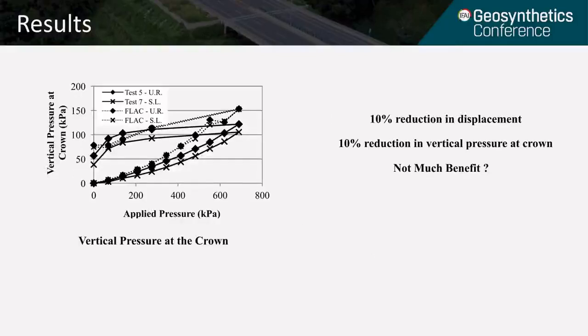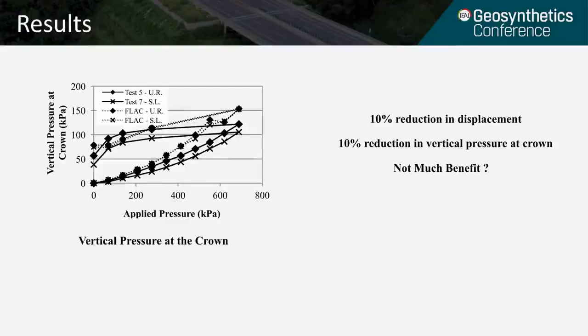And finally, for the results, the measured pressure near the crown of the pipe is shown on the left, with a maximum pipe pressure at the crown of 121 kPa for the unreinforced condition and 105 kPa for the reinforced condition.